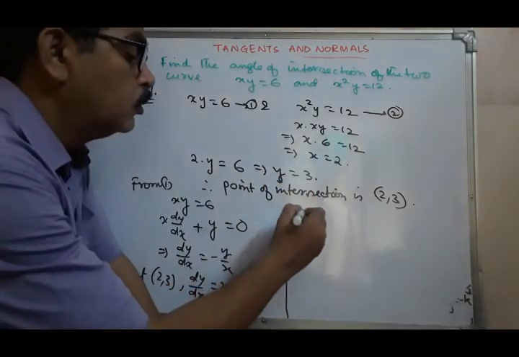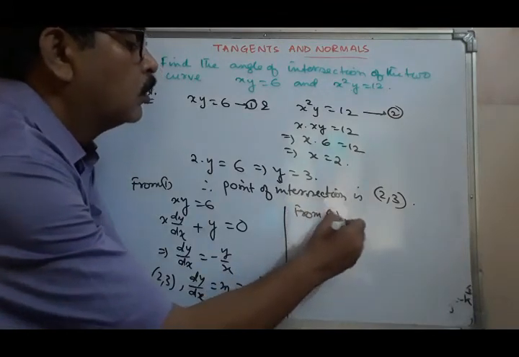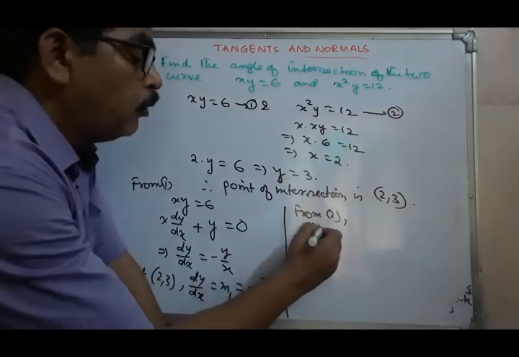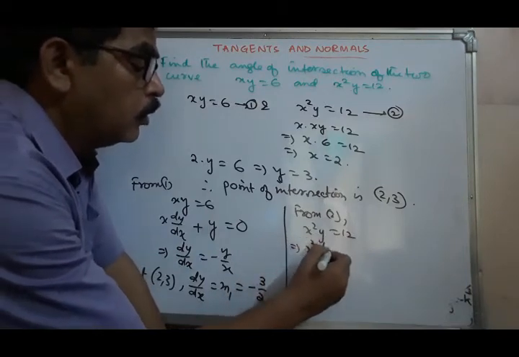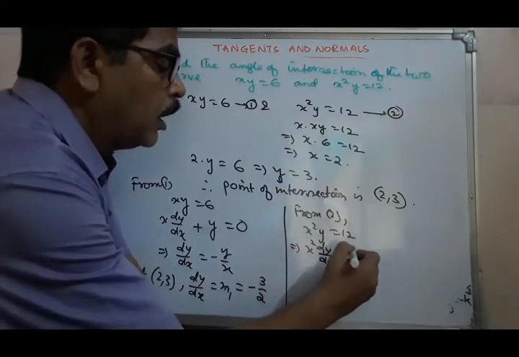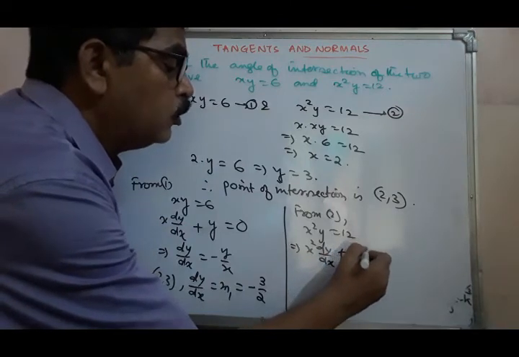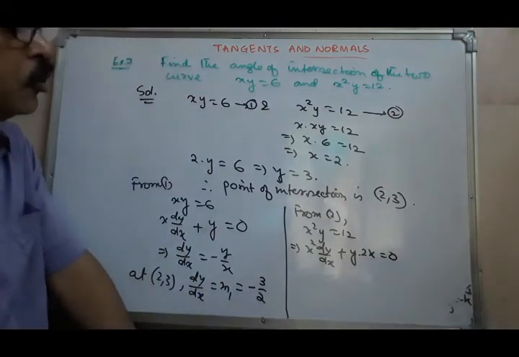From curve 2, x square y equal to 12. x square dy by dx plus y into 2x equal to 0.